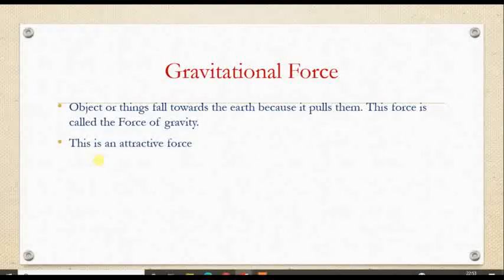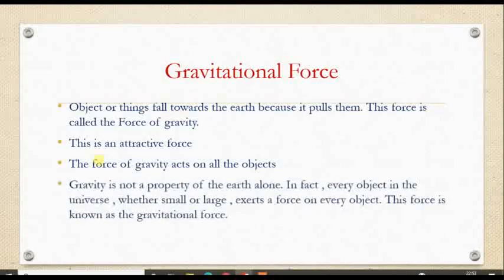And this force is always an attractive force, and it's a non-contact force. Remember, this is a non-contact force because it can be exerted without the objects being in contact. The force of gravity acts on all objects. Gravity is not a property of the earth alone.